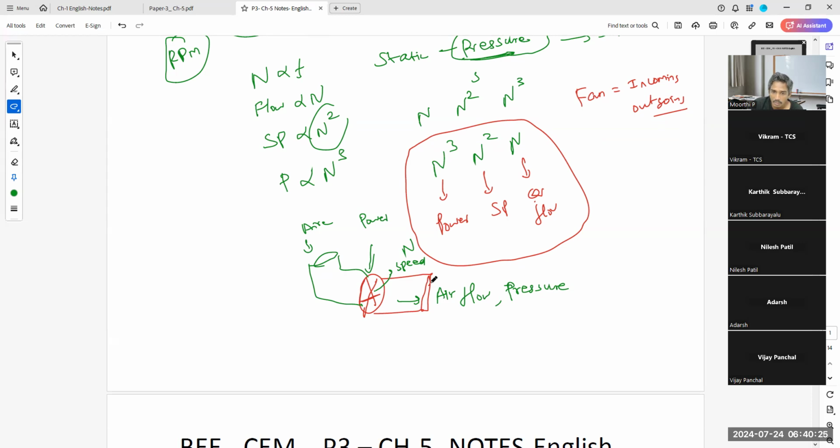You can understand this one, airflow, pressure. Any doubt? No. Okay. Then for the fan, what are the incoming available? Air incoming, this is basic air incoming. Next one is power.